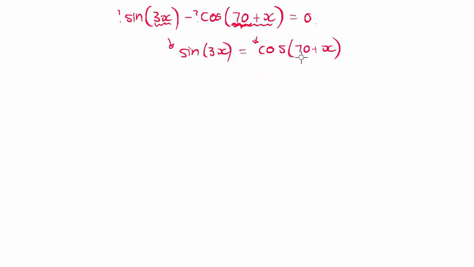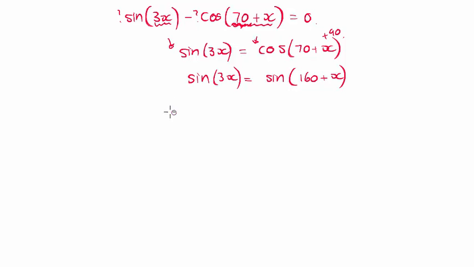So now what I'm going to do with cos is change it into a sine by adding a 90 in here. So cos becomes sine, and when I add a 90, this becomes 160 plus x. And so sine of 3x is equal to that.